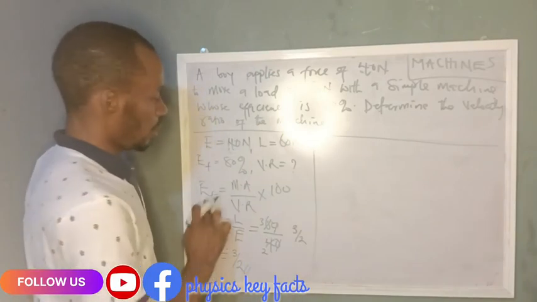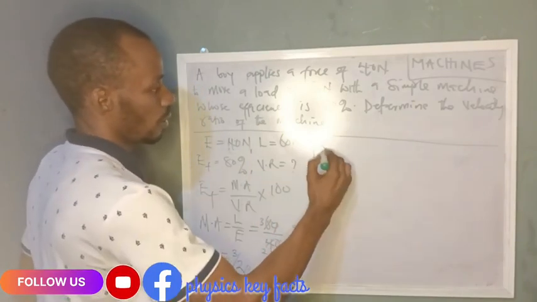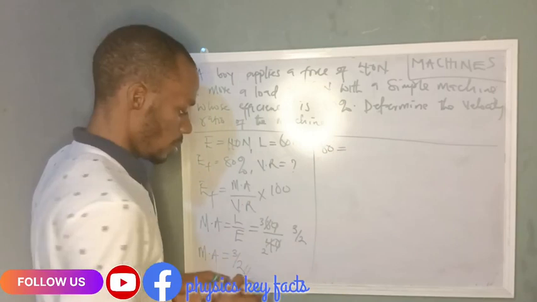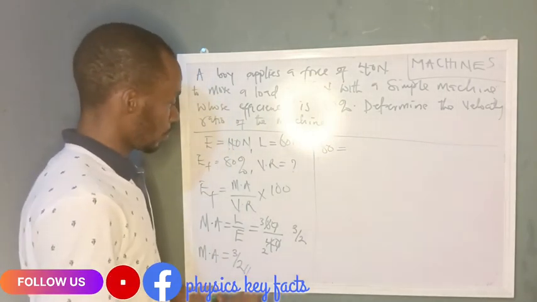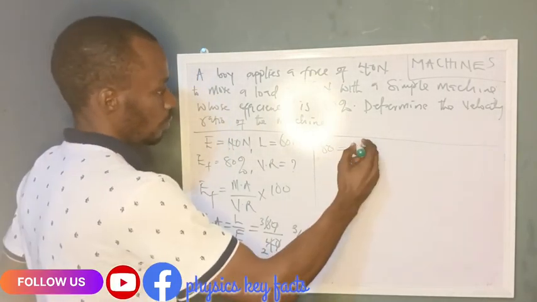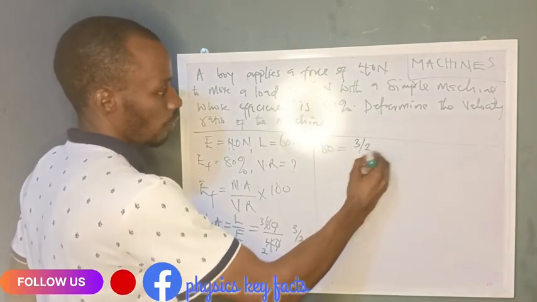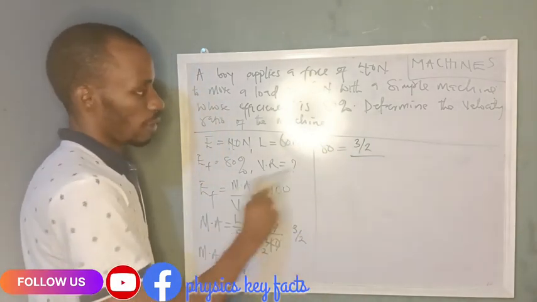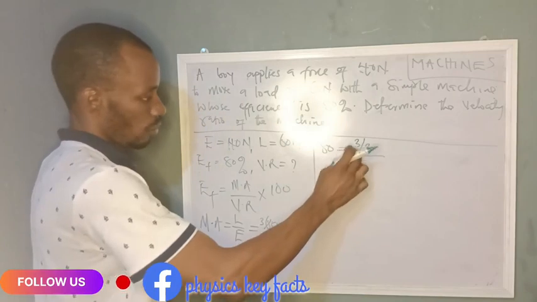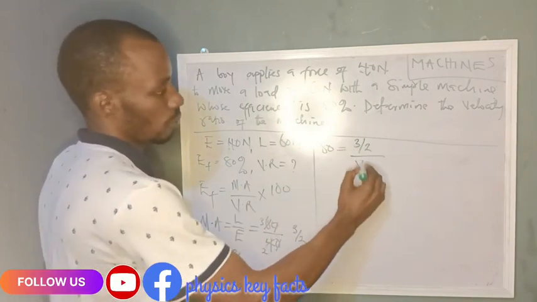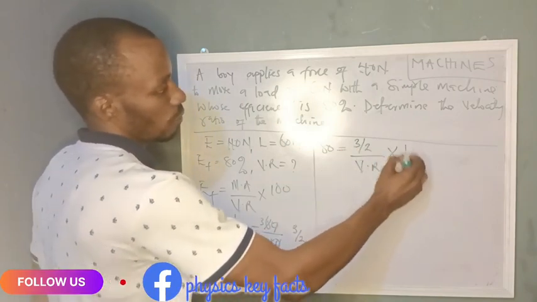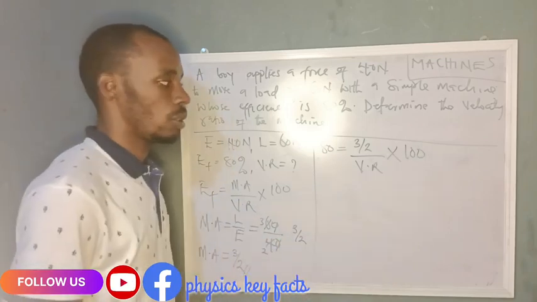So we know that our efficiency is 80%. Mechanical advantage is 3 over 2. Velocity ratio is what we are looking for, multiplied by 100.